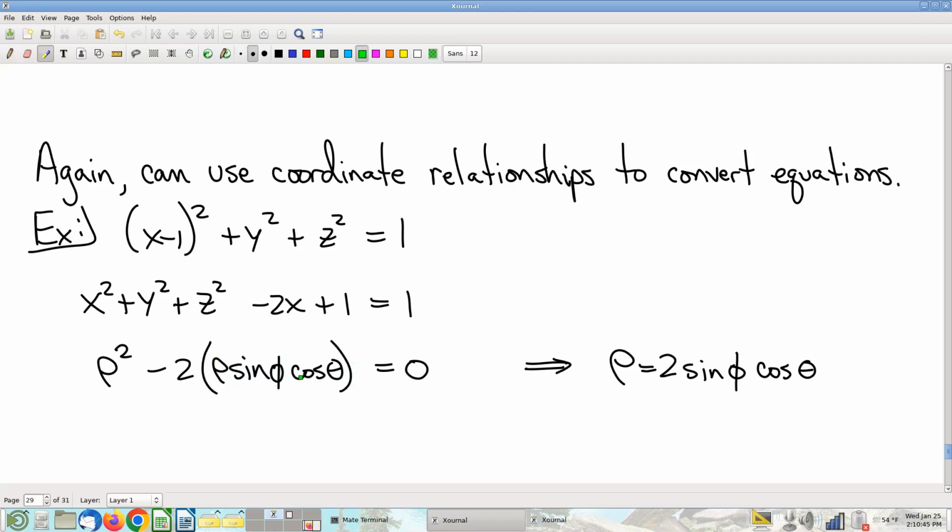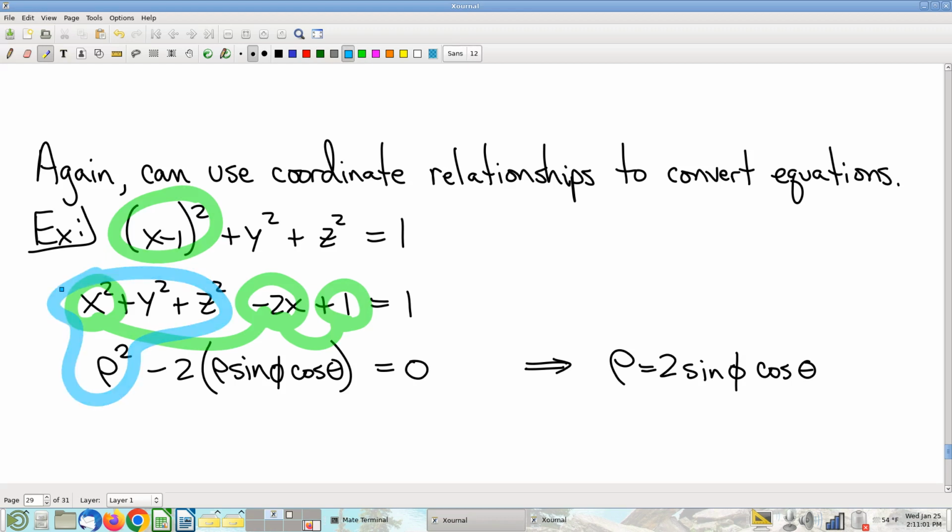Do look for opportunities to save yourselves a little trouble. Notice that if you expand out this square and move things around a little bit, then that gives you the opportunity to just notice rho squared right there.